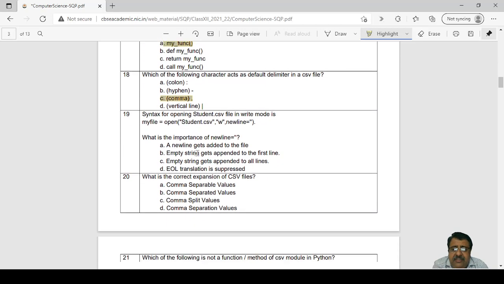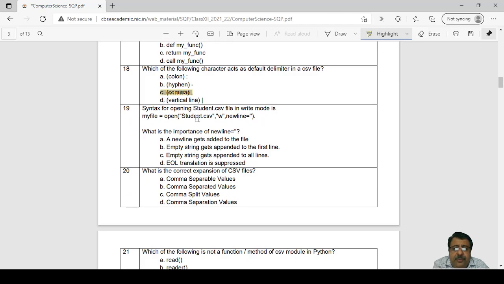Question number 19. Syntax for opening student.csv file in write mode is myfile = open(filename, 'w', newline=''). So what is the importance of the newline character? What is the meaning of this newline option we are giving? Okay. So the answer is that end of line translation is suppressed.